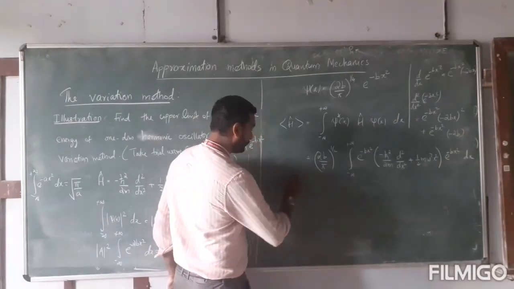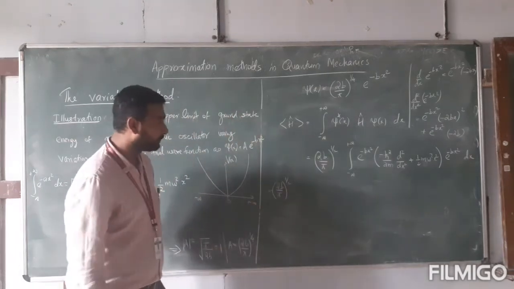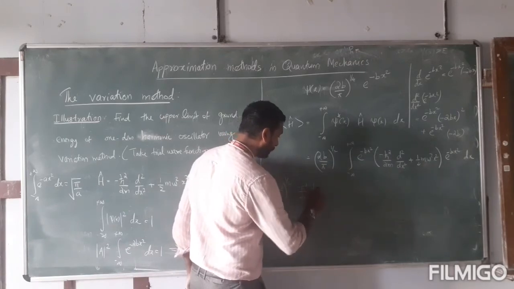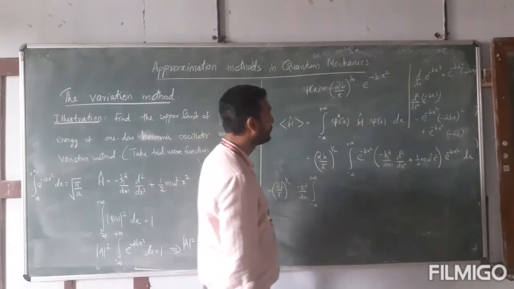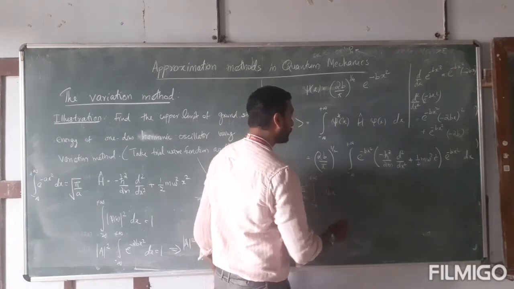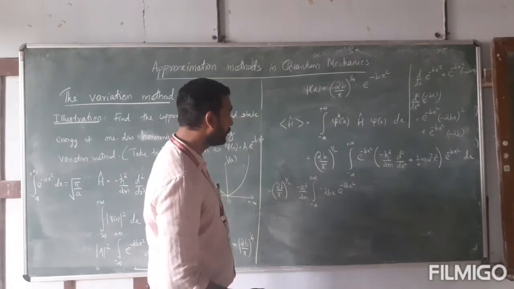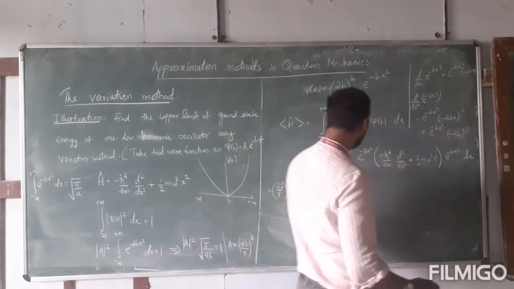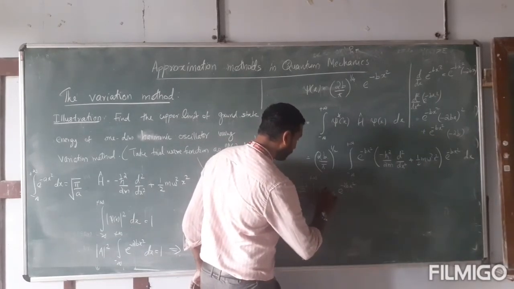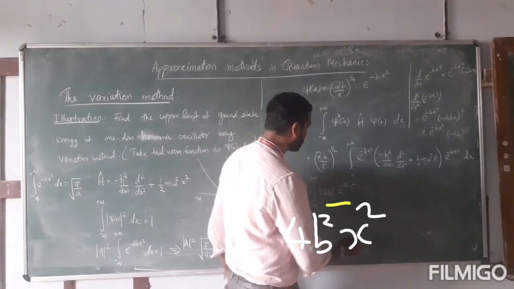So what are they? This (2b by pi) all raised to 1 by 2 can be taken commonly outside. So the first term would be minus h bar square by 2m, integral from minus infinity to plus infinity. This term I can write as minus 2bx whole square, so that will become plus 4b square x square, e raised to minus 2b x square dx.